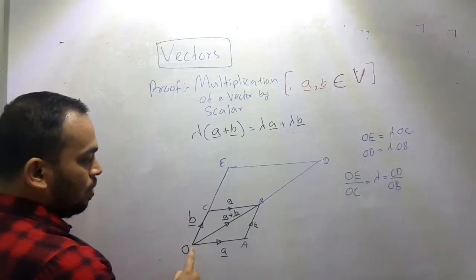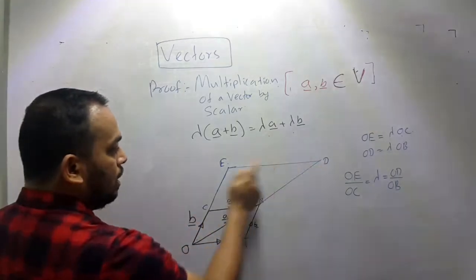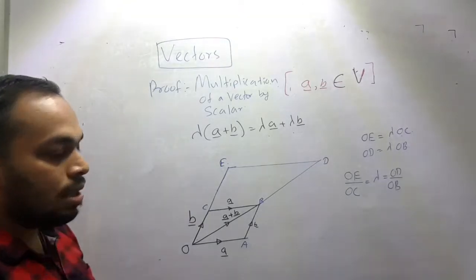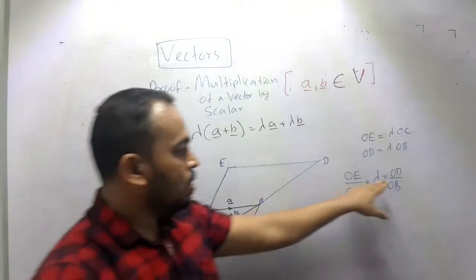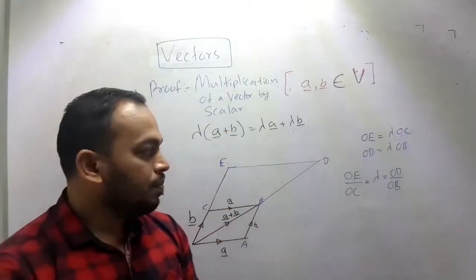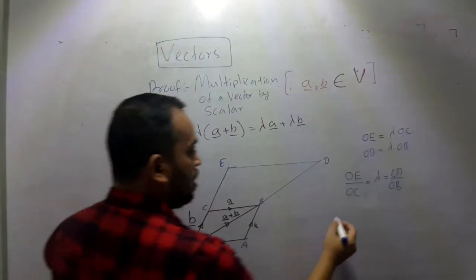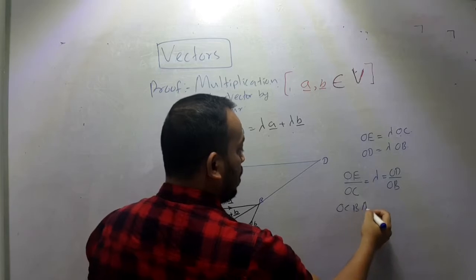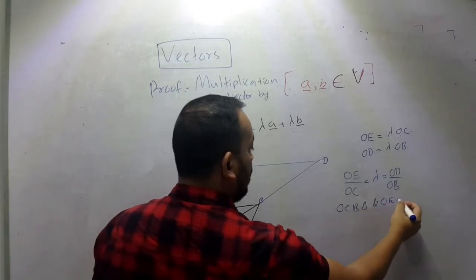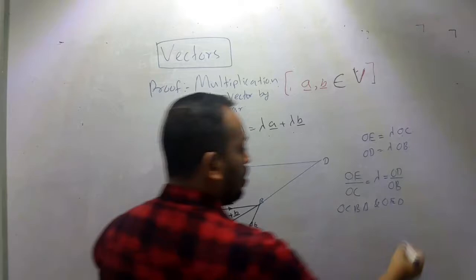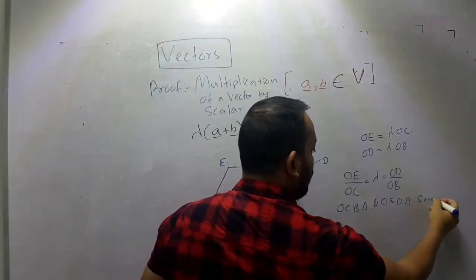So what are the triangles? OBC and ODE. We took two triangles. Since the ratios of the sides are equal, we can say that OCB triangle and OED triangle are similar triangles.